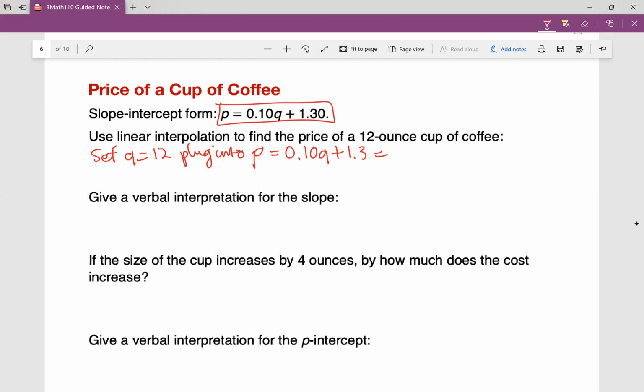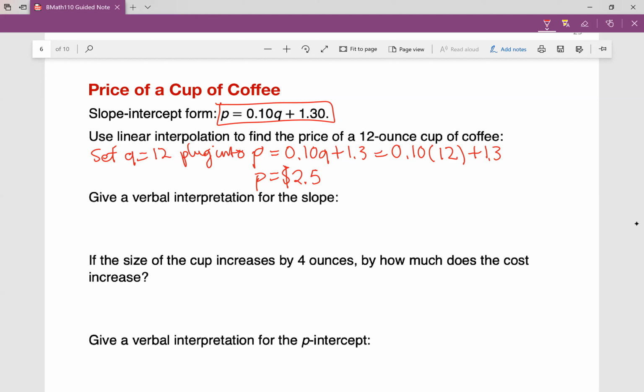So 0.110 times 12 plus 1.3 gives P equal to 1.2 plus 1.3, which is 2.5. So the answer has to be $2.5.